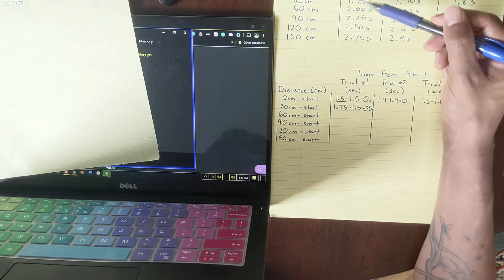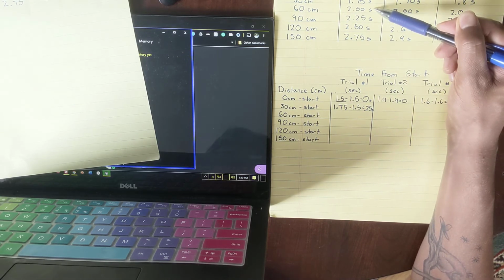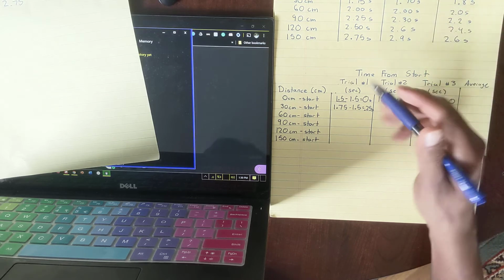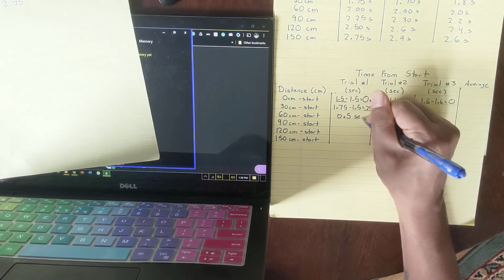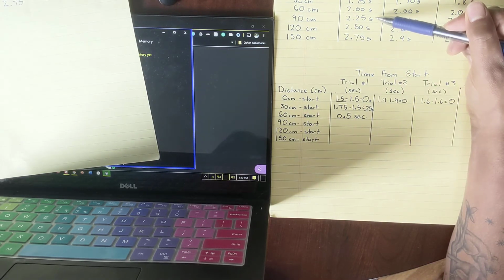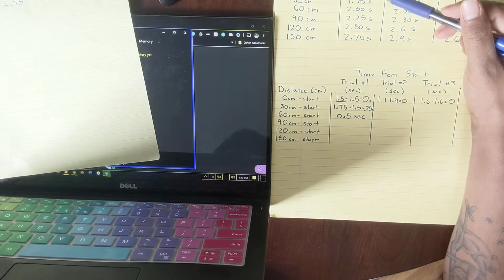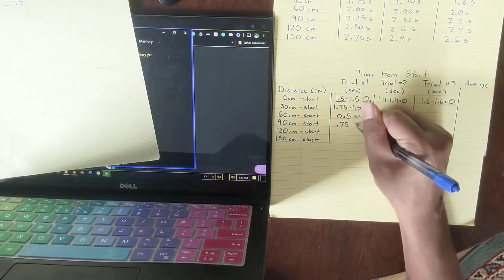So next, 60 was 2 seconds. So we're going to do 2 seconds minus 1.5 seconds, which is 0.5 seconds. 90 was 2.25 minus 1.5. That gets us 0.75 seconds. I'm doing this subtraction in my head.